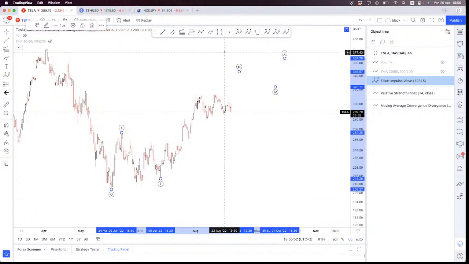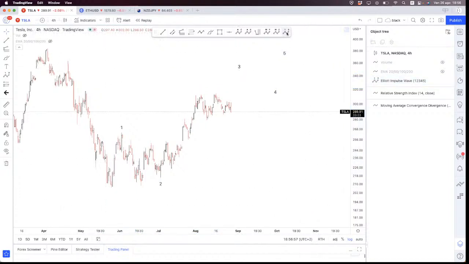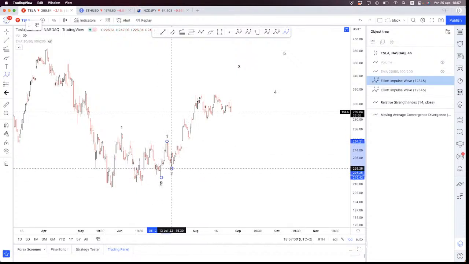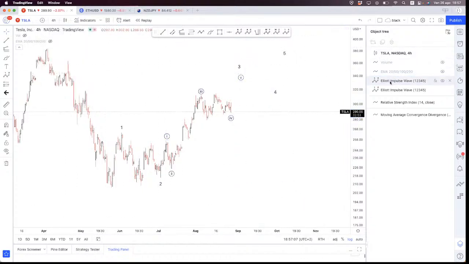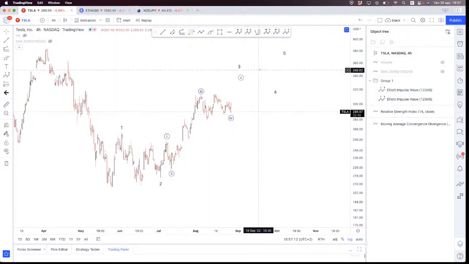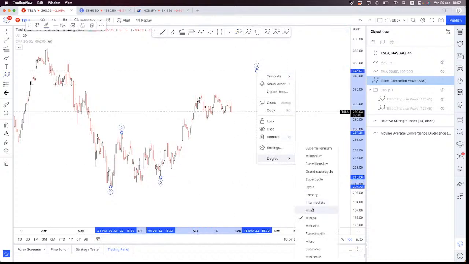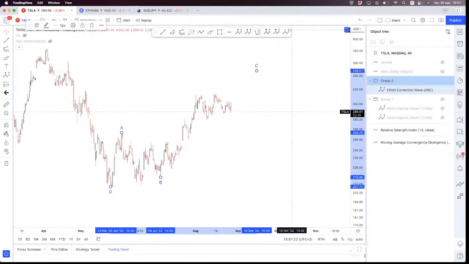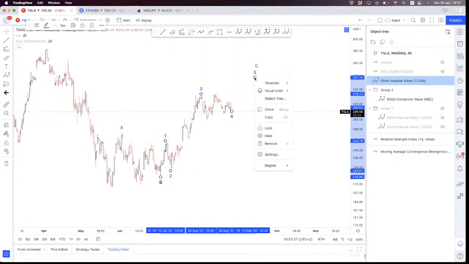So I can think about two scenarios, both being bullish. So this is 1, 2, 1, 2, 3, 4, 5, and the other one A, B, C, 1, 2, 3, 4, and 5.